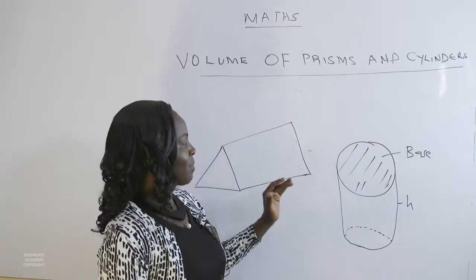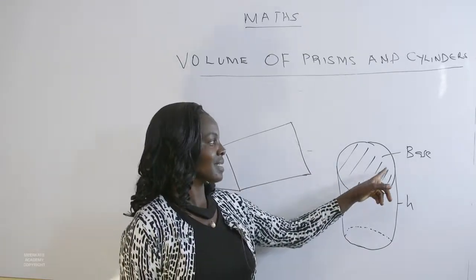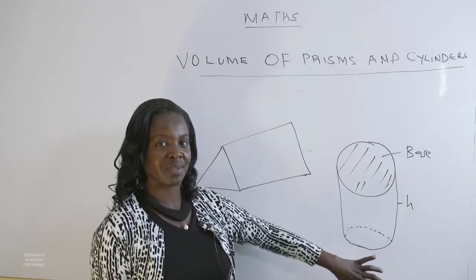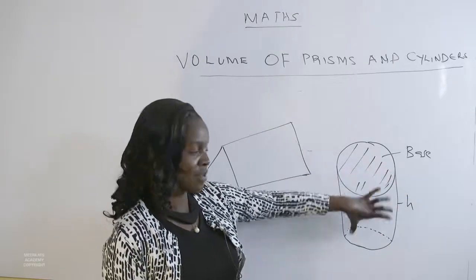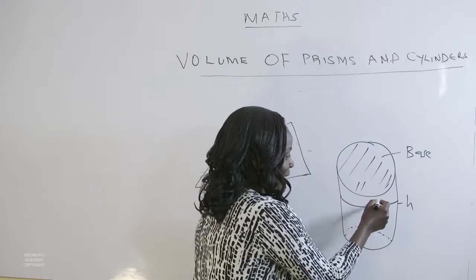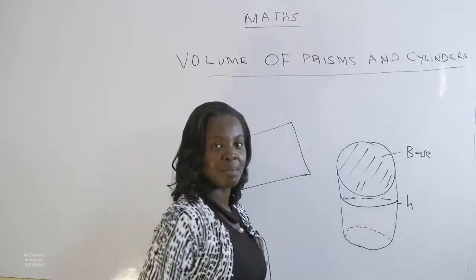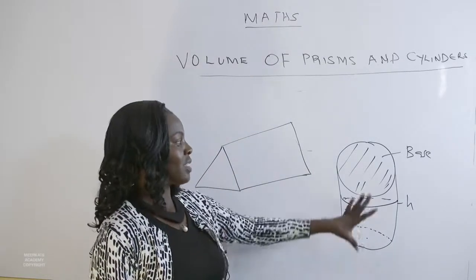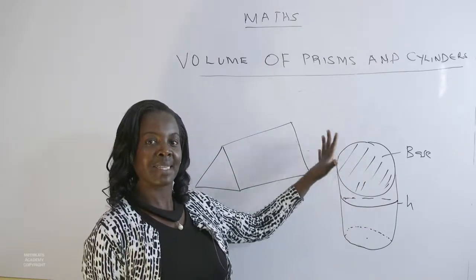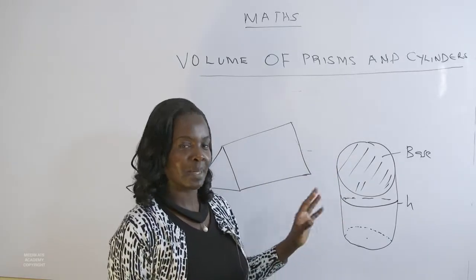But for purposes of calculating volumes, because the cylinder has a uniform cross section, if I cut it along this end, I will get exactly the same shape here as at the bottom. So this rule of calculating the volume can be applied to a cylinder, yet it is not a prism.